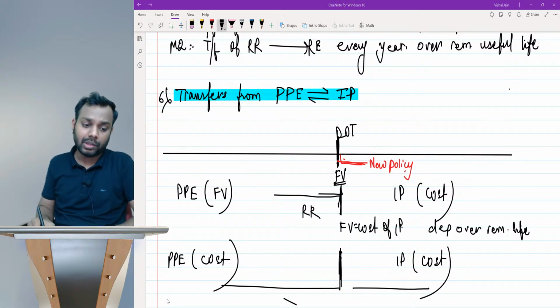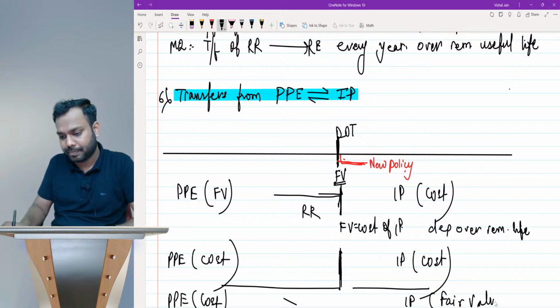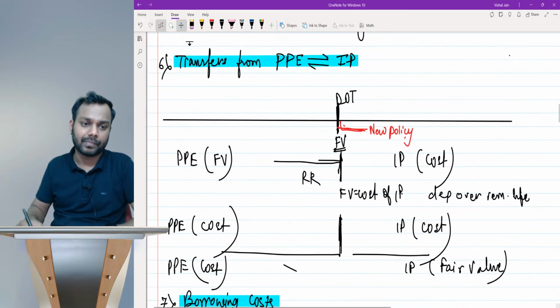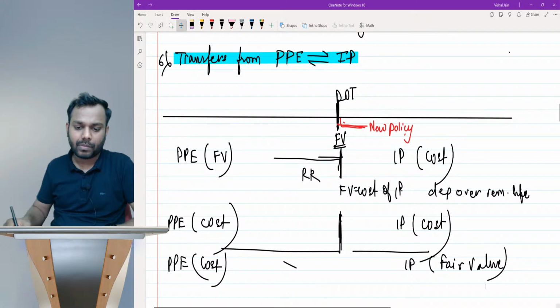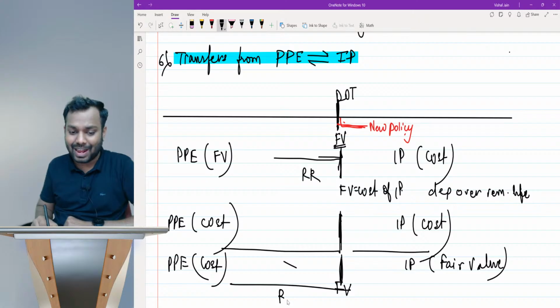But let's suppose PPE is at cost but IP is at fair value. How will we deal with this case? The standard says that whatever is the fair value here will be transferred to revaluation reserve.